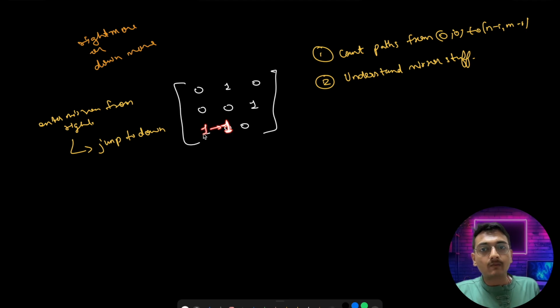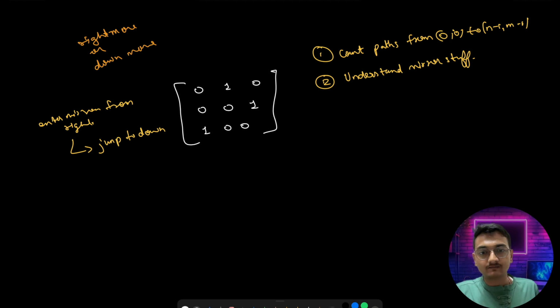It doesn't matter where I am coming from, whether from a 1 or a 0. How I'm coming, from right or down, is what matters. If this is a 1 and I am coming from the right, no matter what is below, I will immediately be jumping towards down. Now this is the out of bound case, so in this case this path will be invalid, and I will not be counting this path.